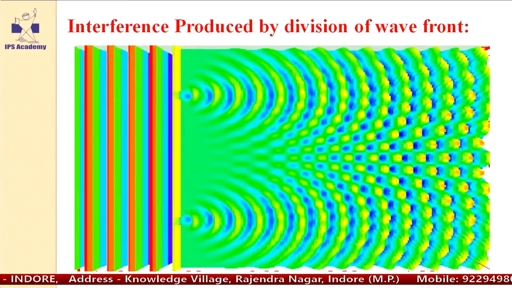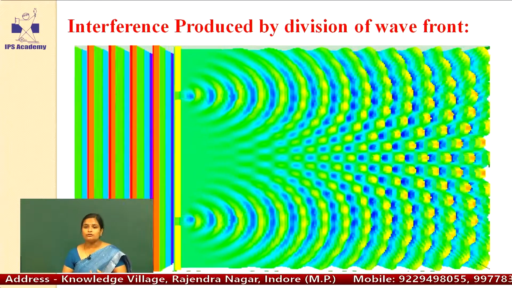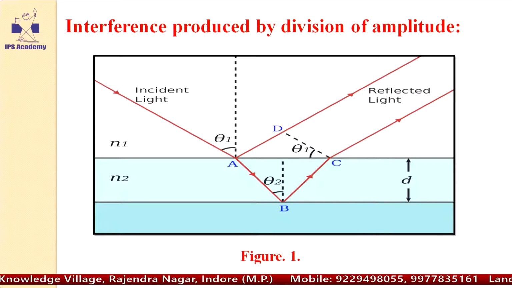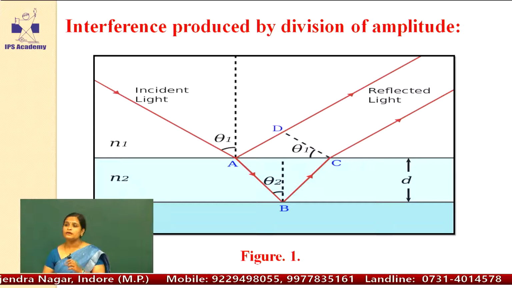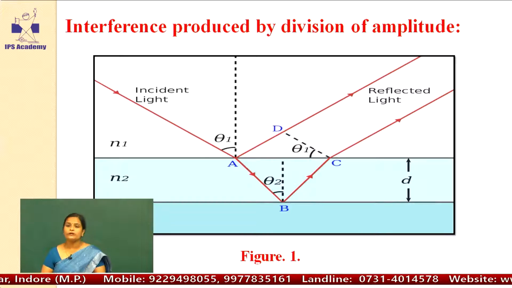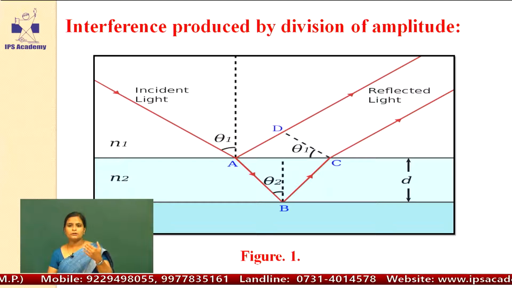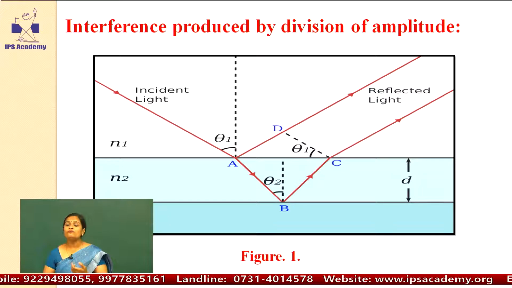Now the next slide shows the interference produced by division of amplitude. This type of interference occurs when there is a thin film between any two surfaces, remember this point. The film may be of air, glass, water, oil, etc. At that time there is a division of amplitude.